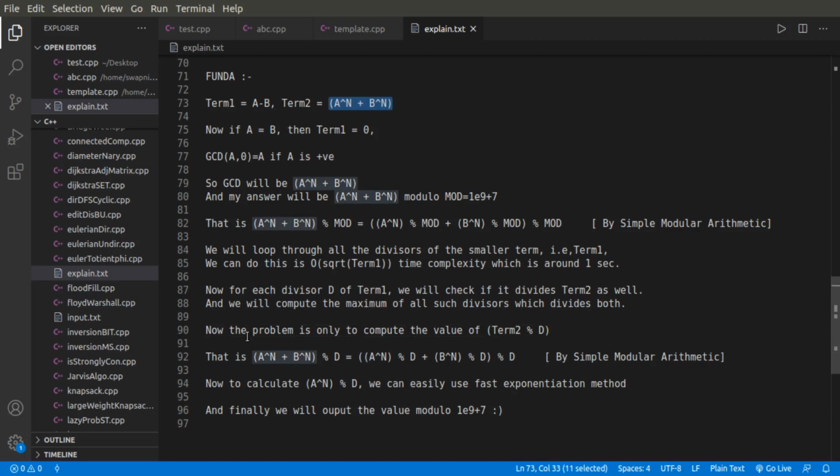So we will break down this term into another expression using basic modular arithmetic, and this particular term, a raised to the power n modulus d, can easily be found by binary exponentiation or the fast exponentiation method. And the final answer, we will just output, and the value will be modulo 10 power 9 plus 7.